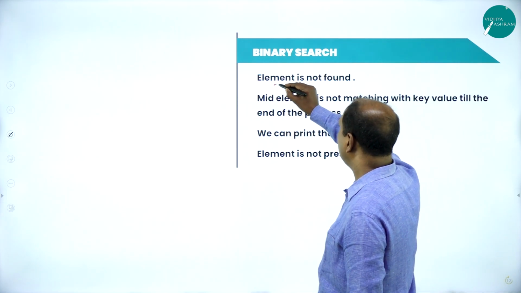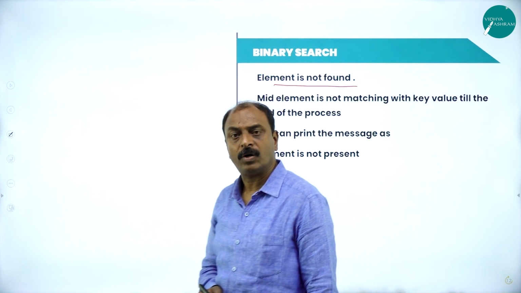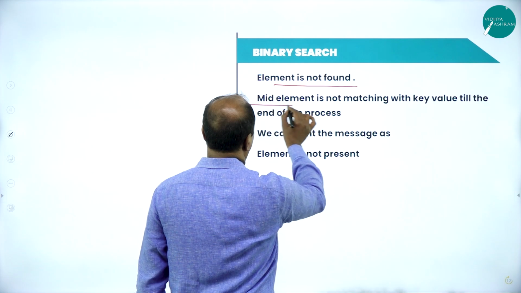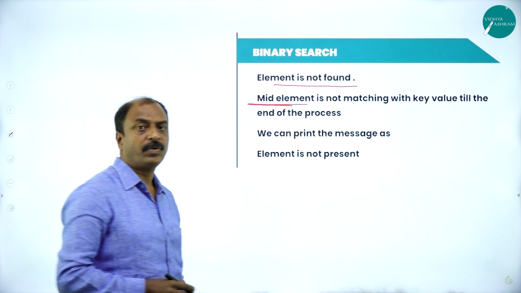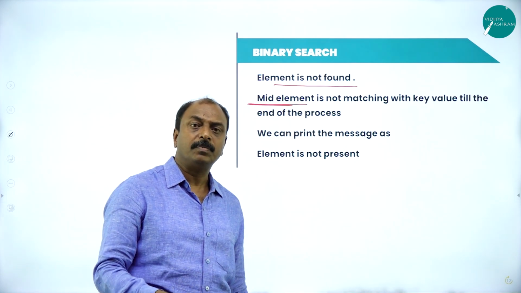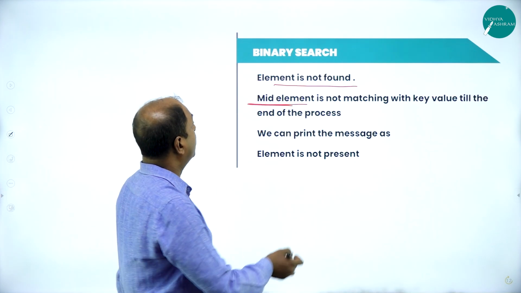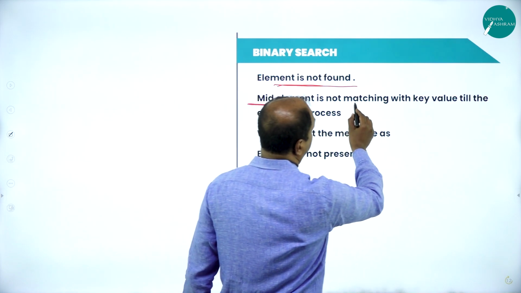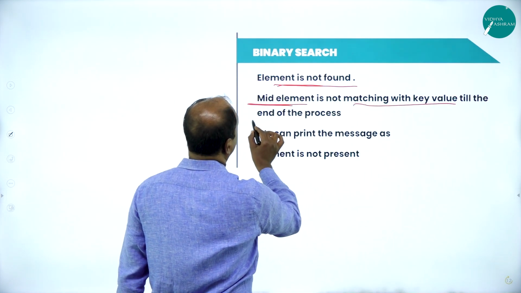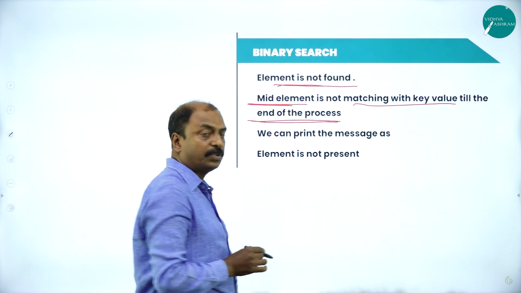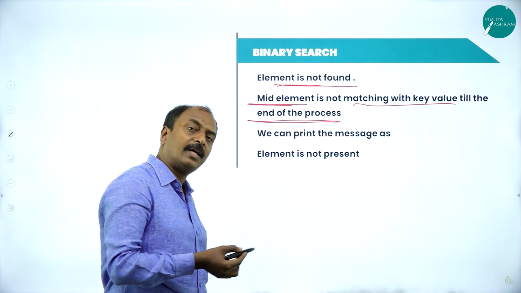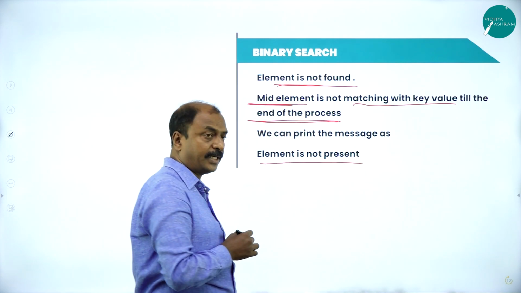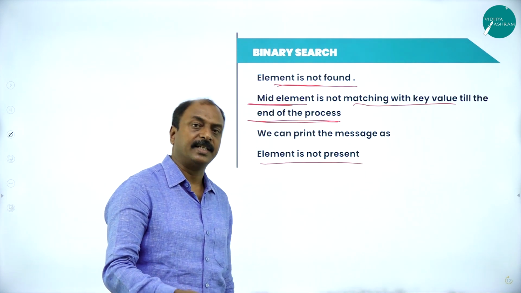Element 4 is not found in the given list, because the middle element found throughout the process does not match the key element we are searching for. So we have to print the message that the element is not present or the search is unsuccessful.